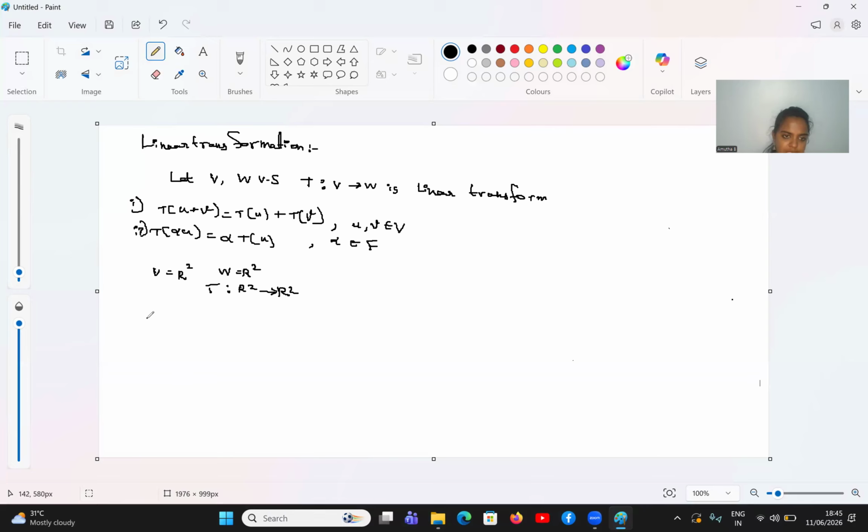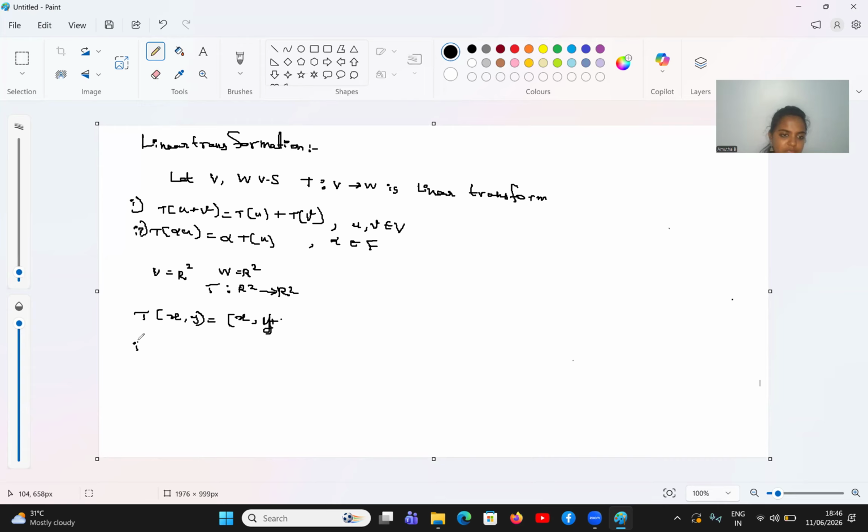The map is T of x comma y equal to x comma y, not 1 plus y, just y. This is the identity map, right? We will check whether this map is linear or not.